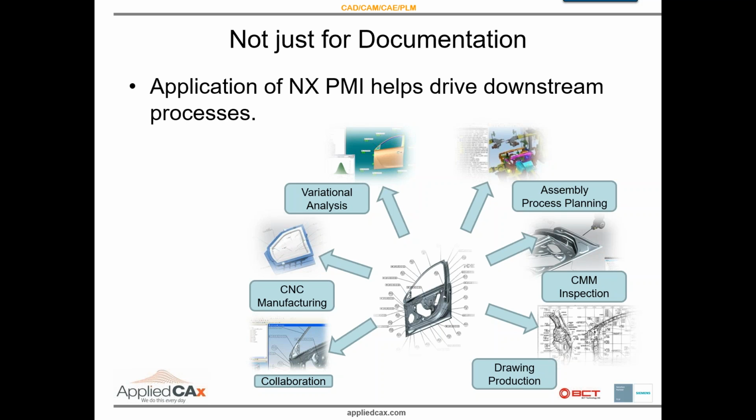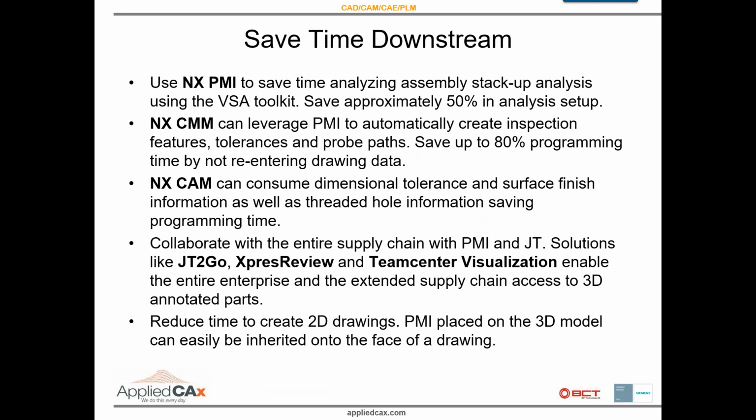You can just consume the 3D PMI. So NX saves time downstream. By using the VSA toolkit, a visualization tool from Siemens, you can save up to about 50% in the analysis setup because it's going to consume all that PMI and you don't have to type it in from a 2D drawing.